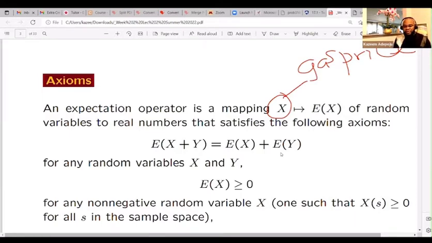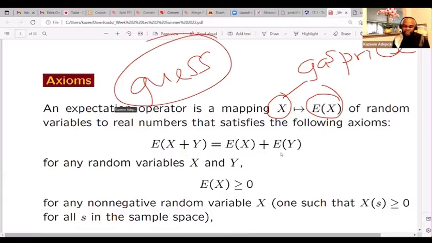And the expectation of X is going to be our guess. That's going to be our guess before the gas price is observed, before I visit gas stations to know what the price is. What I have in mind, the guess, is the expected value of X, which we call the mean of X.